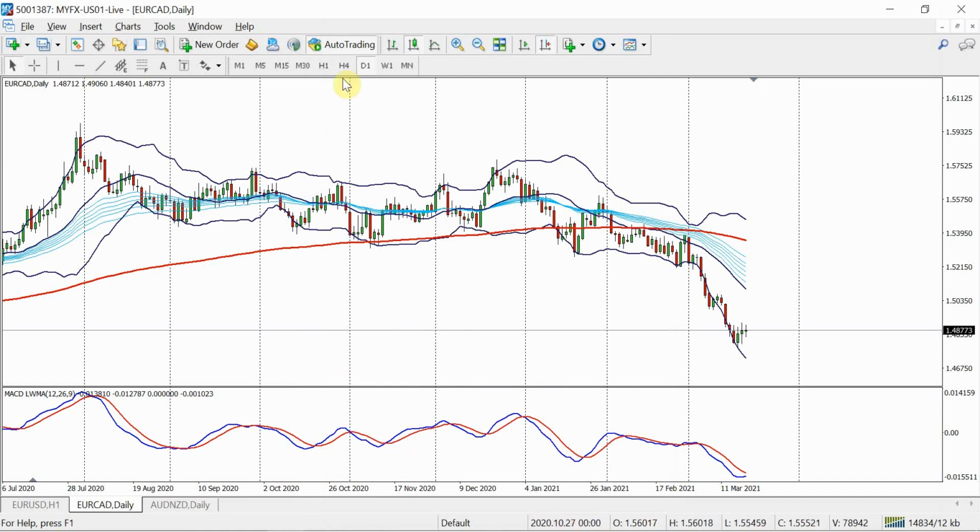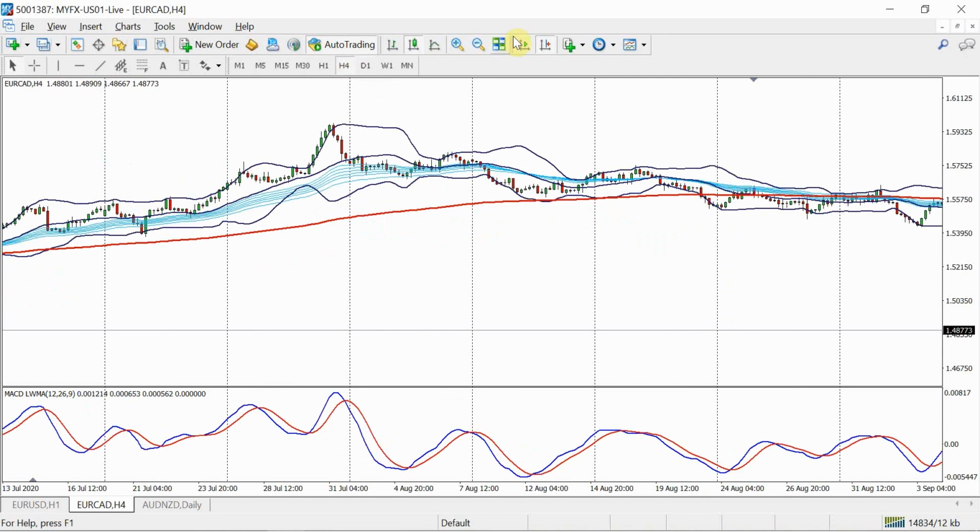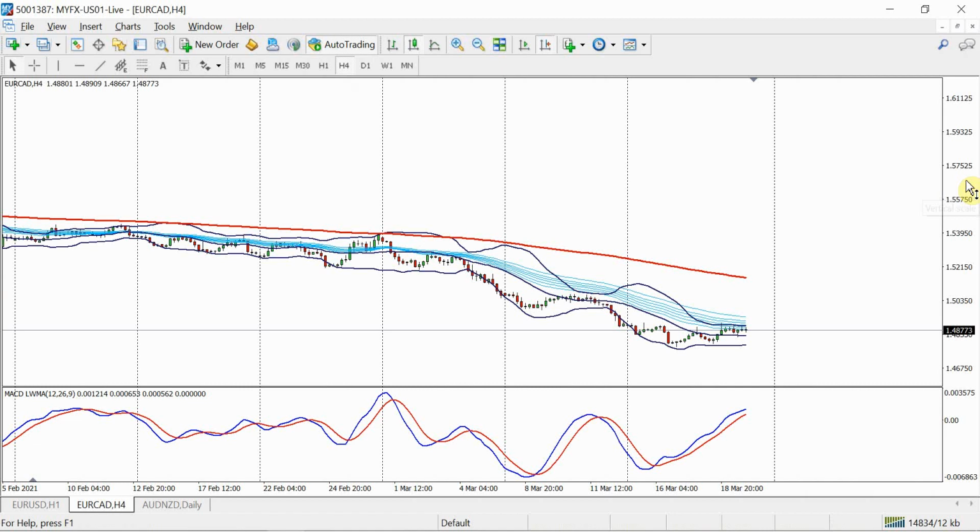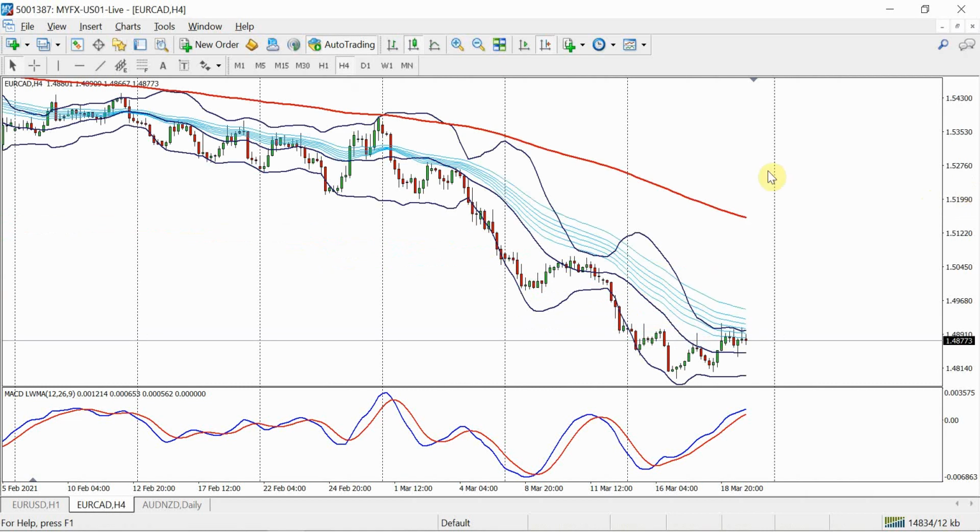If I go down to the H4 chart, what you'll see is that the Bollinger Bands expand and then contract when volatility goes down. We've got the down, swing back up, swing back down, and then back up again. Price is now touching the upper Bollinger Band.